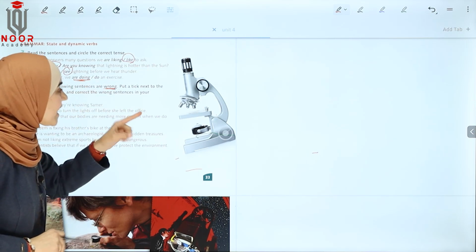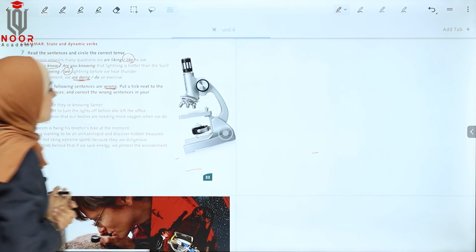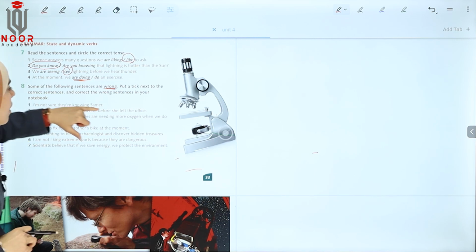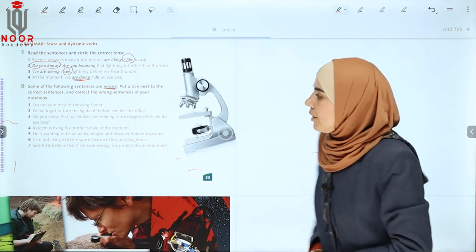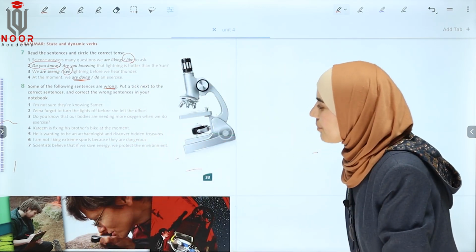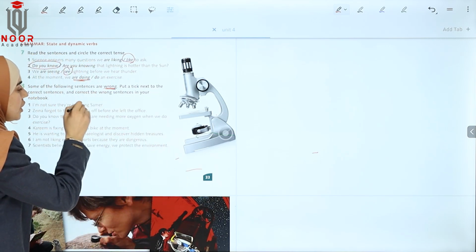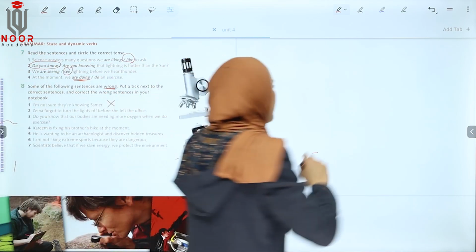Put a tick next to the correct sentences and correct the wrong sentences in your notebook. If I say, for example, I'm not sure they are knowing Samir, زي ما قالت لنا knowing ما بتيجي ing. So this is X. How can I rewrite it?